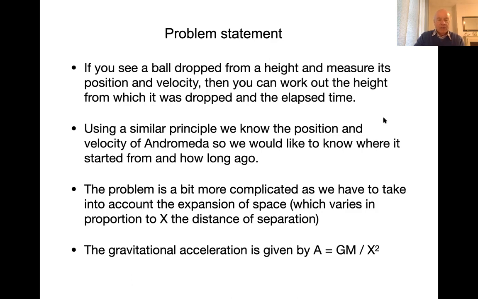And also the gravitational acceleration which acts on Andromeda is given by A equals GM over x squared, where x is the distance of separation and M is the mass of the Milky Way. So we have variation with both of these, so it's not a constant acceleration and it's not a constant recession velocity.